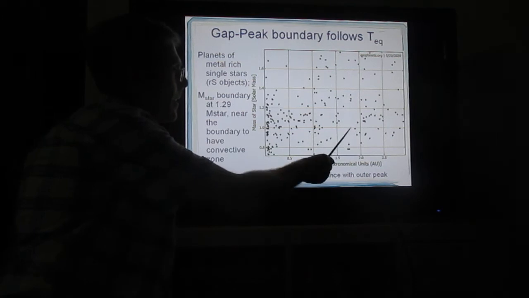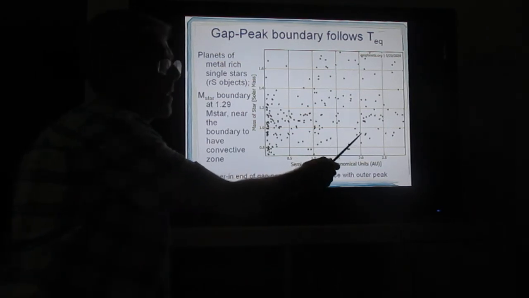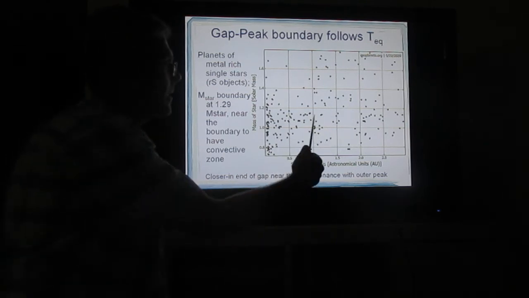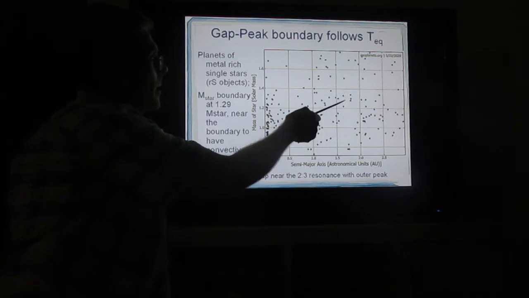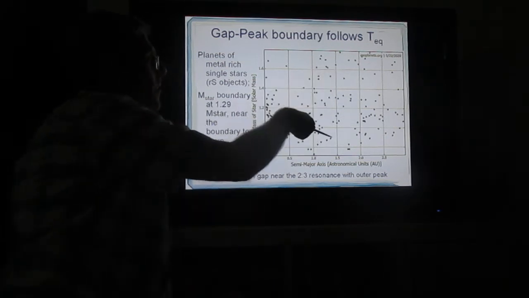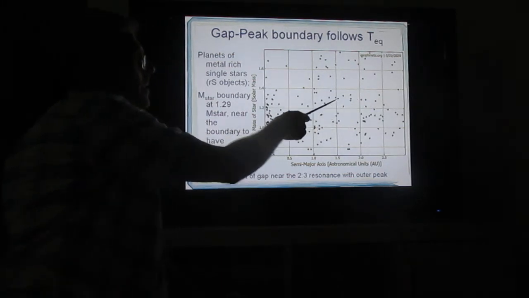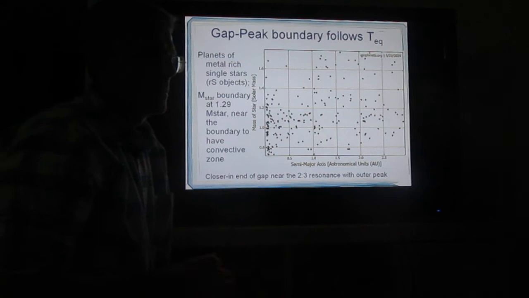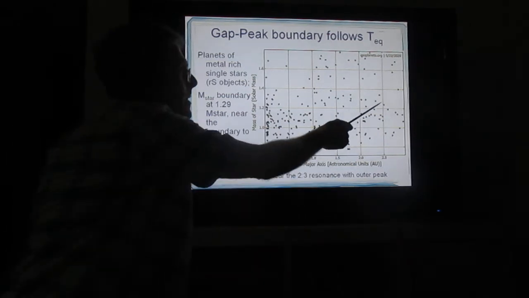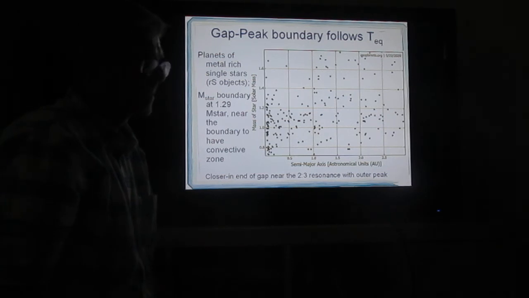So this is pretty much the same population of iron-rich, sun-like stars, except now for sun-like I'm including the stars of all surface gravity. I'll call sun-like stars those that have a substantial convective zone, with stellar masses less than 1.29 solar masses.